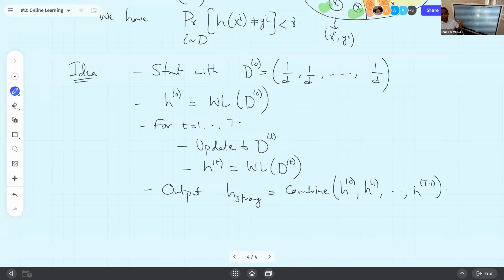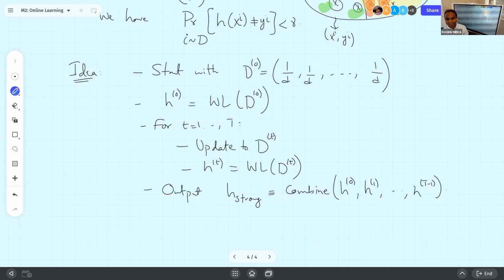So this is pretty much the template that we naturally end up with if you try to use the weak learning assumption. You made some mistakes. I want to change my distribution to somehow make the weak learner focus on these things, give me more information, something more accurate on these things, and repeat.